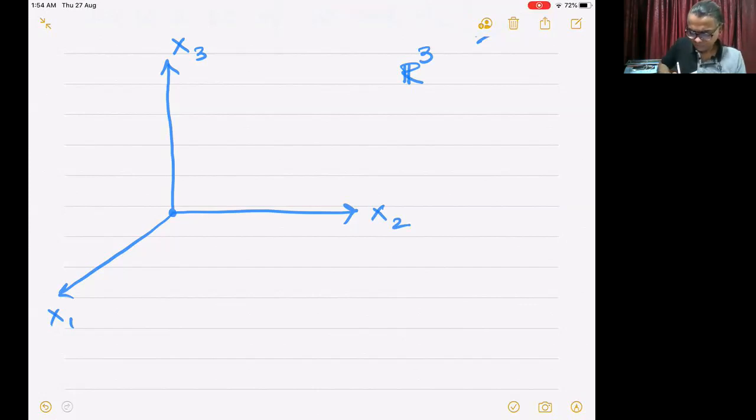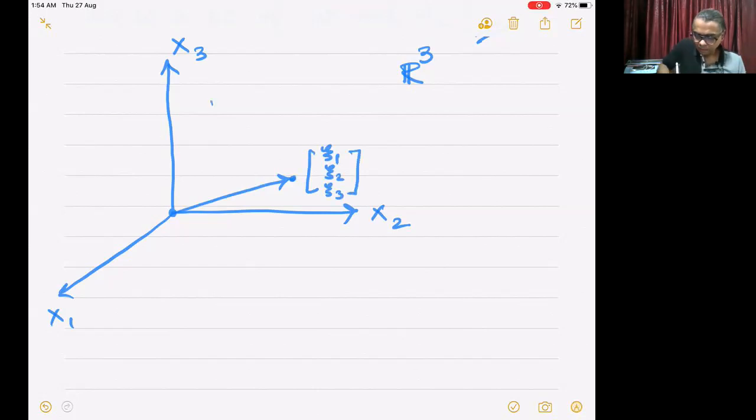In order to talk about linear combination, what we mean is something like this. Every point in this space can be designated by an arrow, which can be associated with a three-tuple of numbers. In this case, I call them xi1, xi2, xi3.